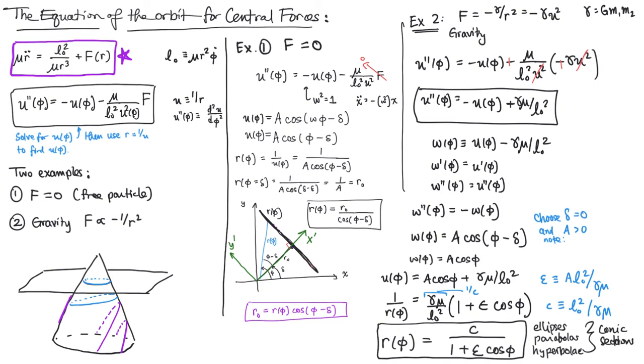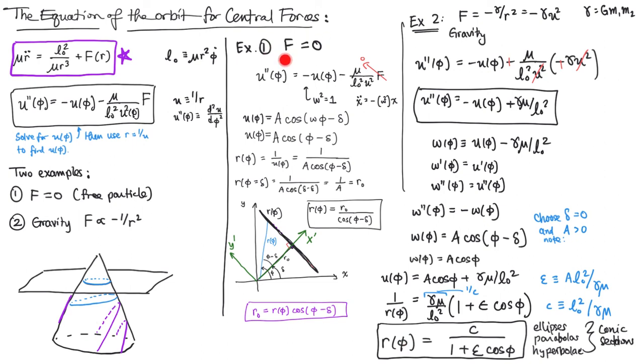But in today's video, we were basically taking the equation of motion for the radial coordinate in a central force, reformulating it in terms of derivatives with respect to angle instead of time derivatives, and then solving for radial coordinate as a function of angle, which tells us about the shape of an orbit.